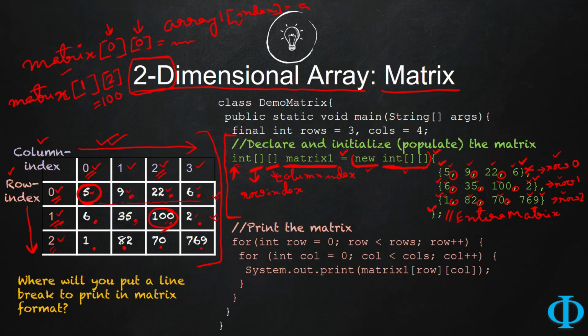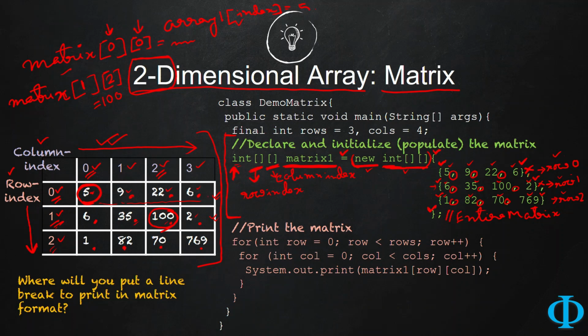Then after the end of the set of opening and closing curly braces of row 1, you have to put another comma to separate it from the other row. So that means each row should also be separated with a comma. And in the last row, you really do not need to use a comma because this is the end. So, two things.